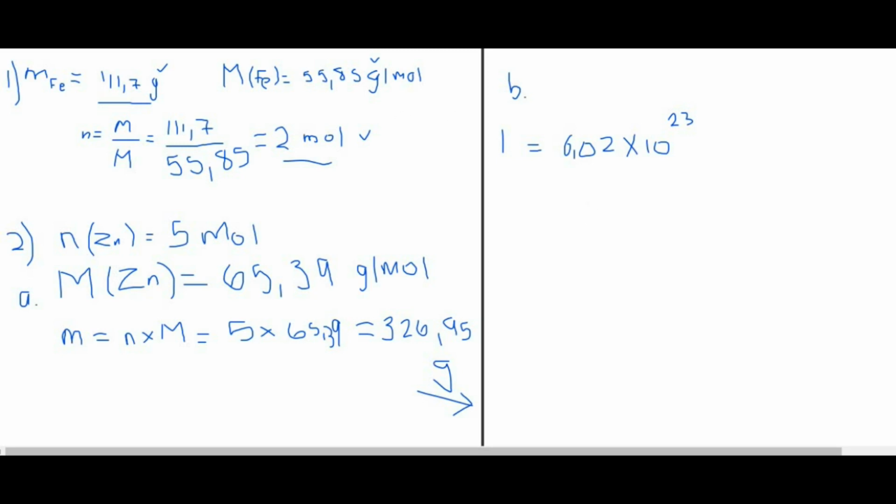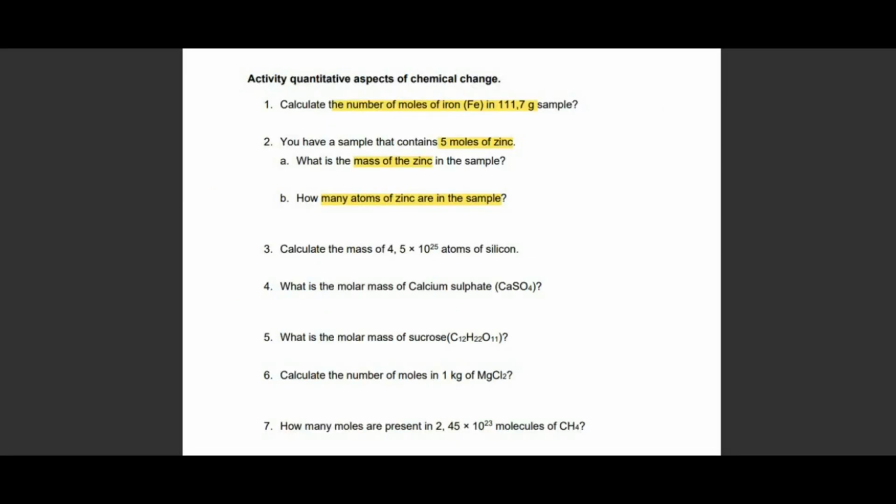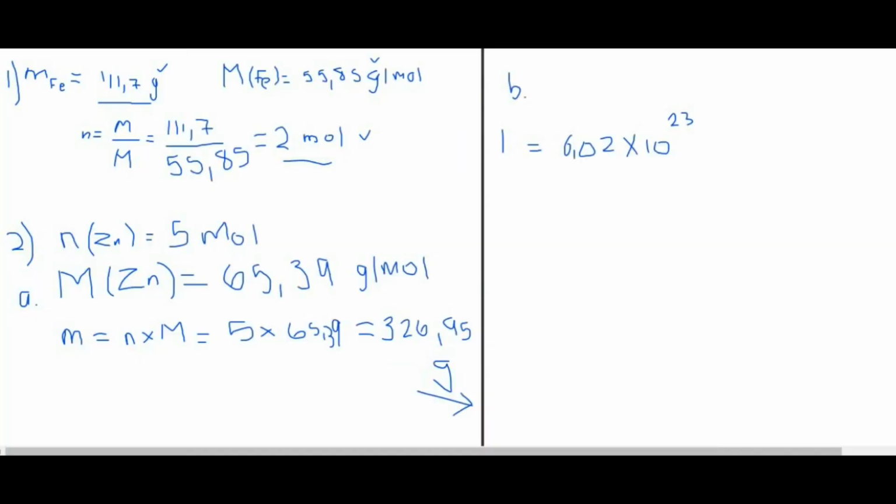We want to find how many zinc atoms are in 5 moles, because they've given you 5, right? So 5 equals x, and we're just solving for x to find the number of atoms.